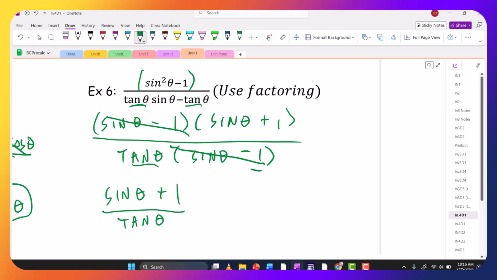Okay, here's what I was going to do next. Isn't tan on the bottom the same as cotan on the top? And you've got to get used to doing that. That's why the fraction left. So I don't want to have to write this as sine of theta plus one, times, separately on the outside, 1 over tan.